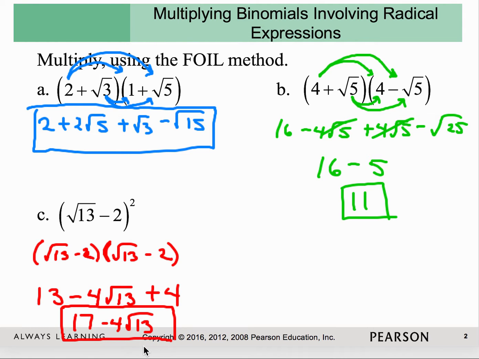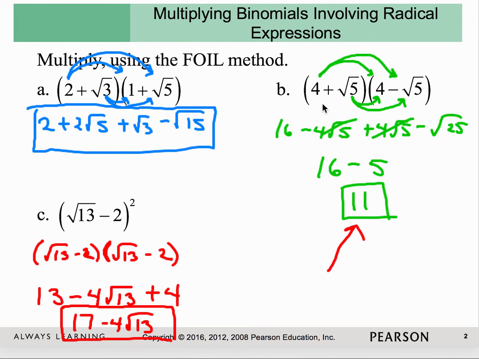One thing I want us to notice while we have all these on the page, look at this one. This one still has radicals. This still has radicals. This one wound up getting rid of the radicals. That's something we're going to use here in just a minute. And whenever that happens, it's because you had the difference of squares.